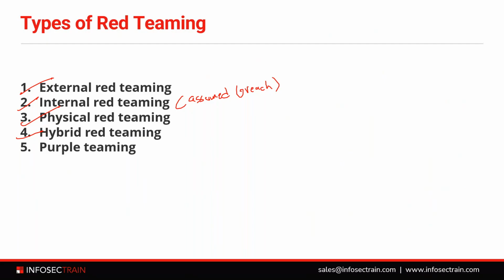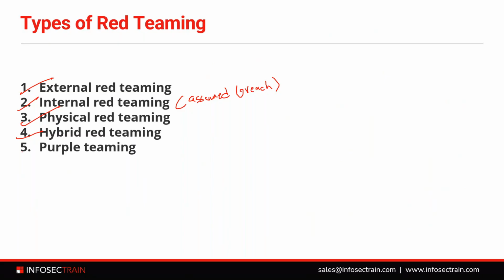So, first externally I got the credentials, then I went in internally, then physical also. I sent someone from my team to plug in a USB or a device and copy some data from the internal infrastructure, right? That is the hybrid one.